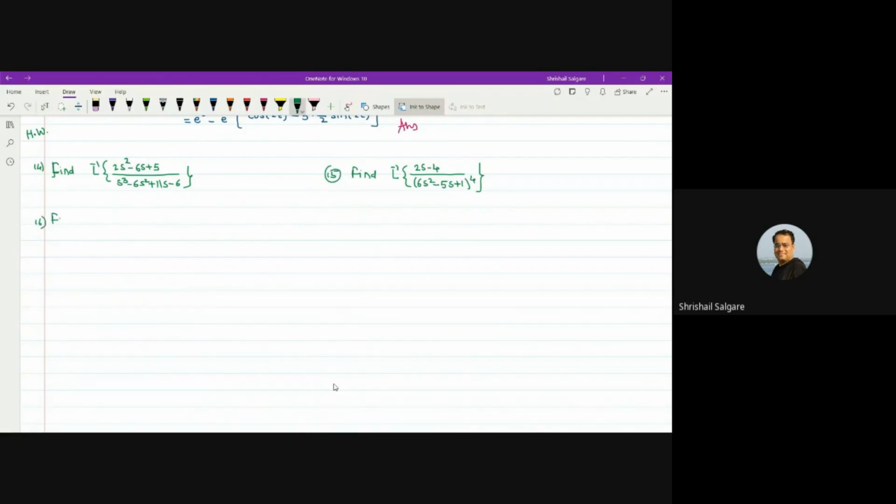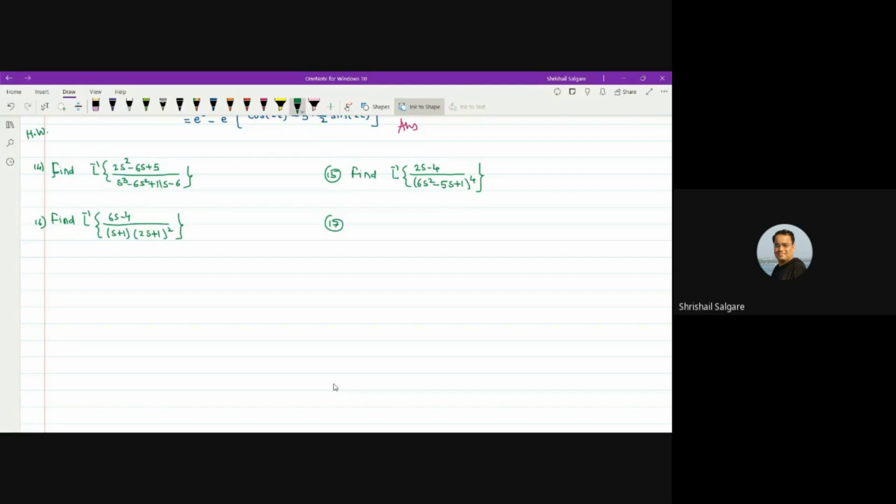Find L inverse of (6s minus 4) divided by (s plus 1)(2s plus 1) bracket square. 17th.